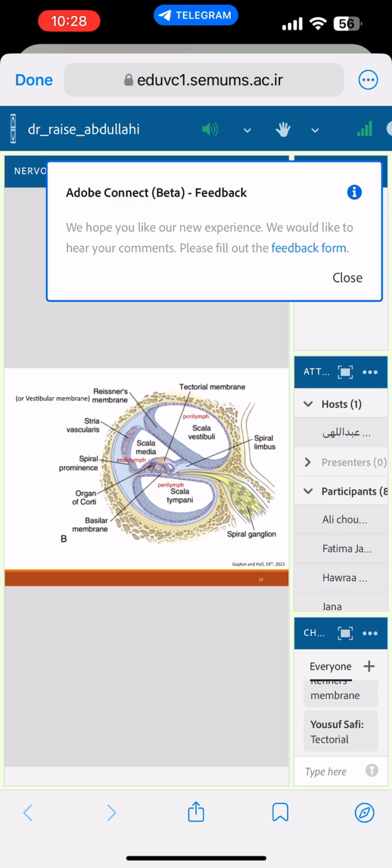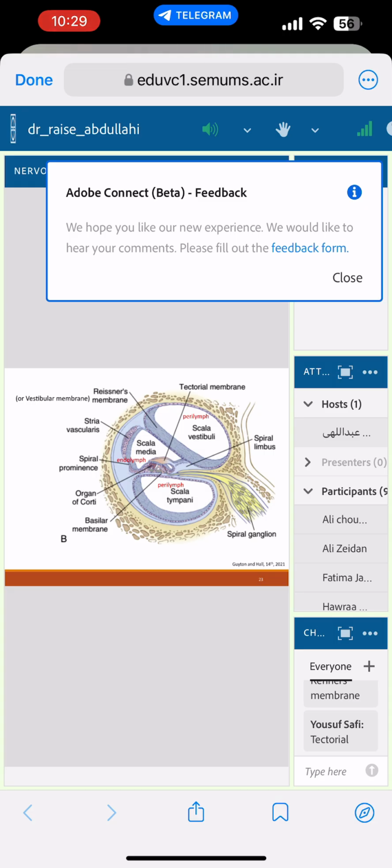these purple parts are hair cells, and you can see the tiny hairs here.